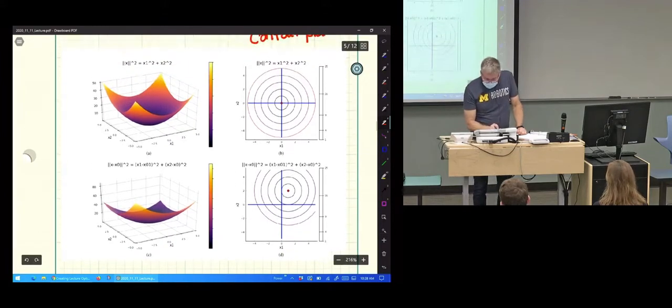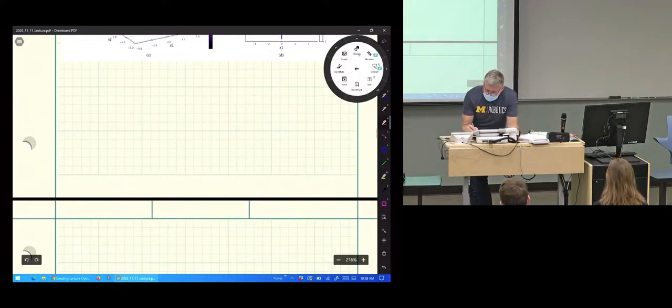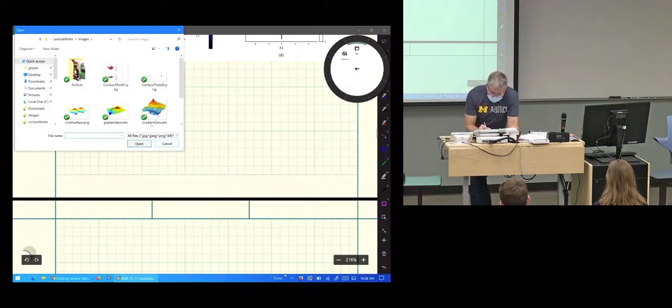Okay, and so what I want to show now is just what the gradient looks like for these types of functions.